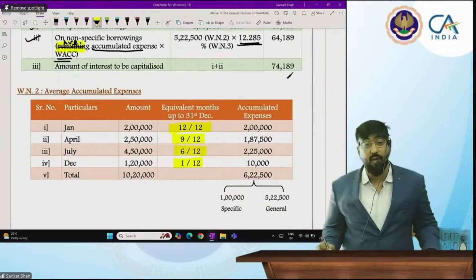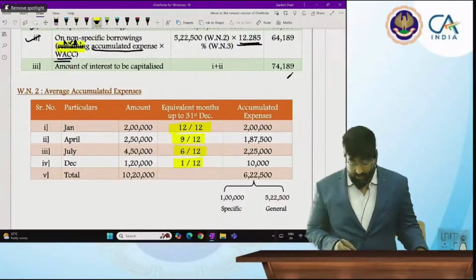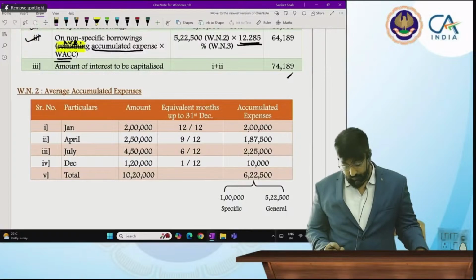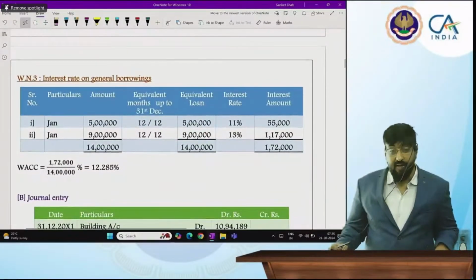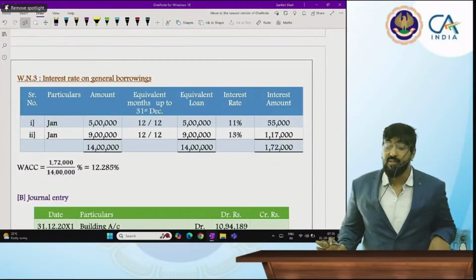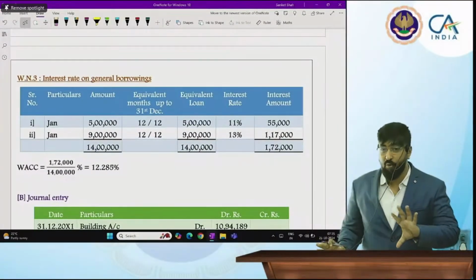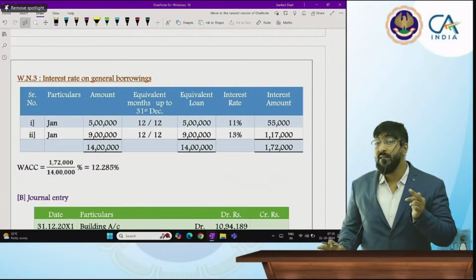You got the columns: serial number, particulars, amount, equivalent months and accumulated expenses. Column समझ में आ गए बेटा आपको? Yes सर. Total is 622,500. And then interest rate. Also I have given you the same columns in exam. Now see here 12 महीना ही था पूरा का पूरा general borrowing, but exam में ये हो सकता है कि months बदल सकते हैं.